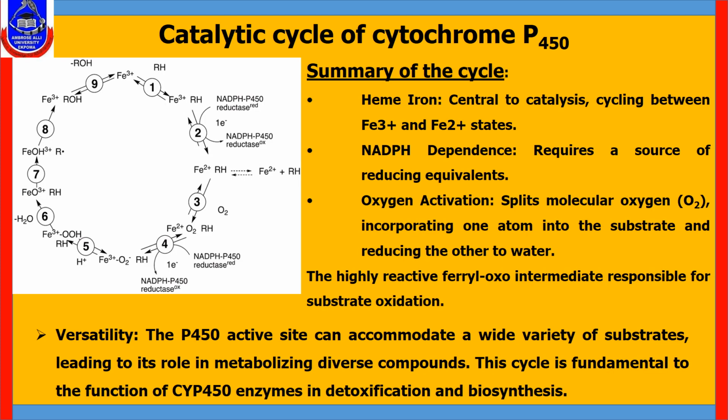How about the catalytic cycle of cytochrome P450? Now, in the reaction shown in the last slide, we can see that RH was converted to ROH, which is hydroxylated and more soluble than the parent compound.